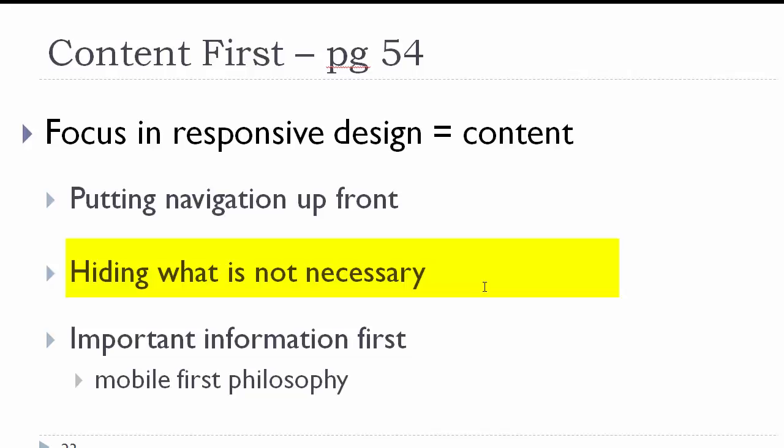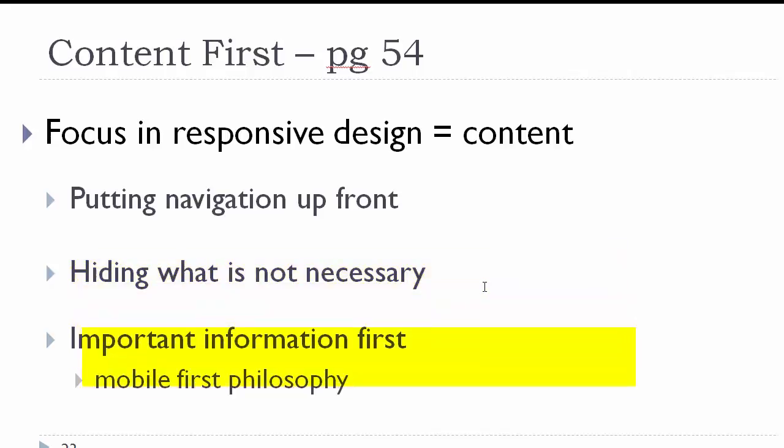Your important information will always go up first, and here again, this is the mobile first philosophy, meaning that if we design first for the mobile, we will focus on the most important things. The most important things will be up front and foremost, and then as we start developing for the larger devices, we can add information that is good but not the most important later.